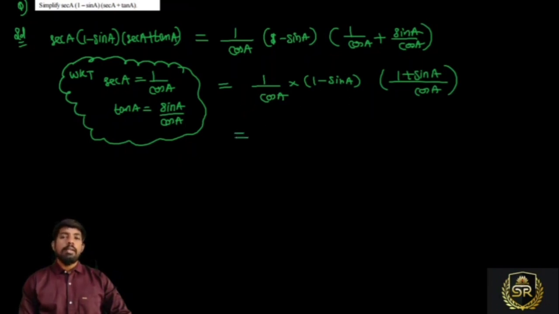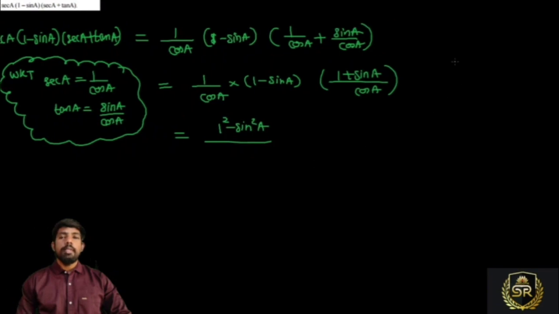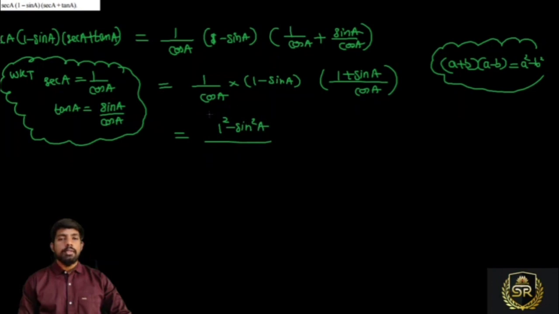So 1 minus sin a into 1 plus sin a is 1 square minus sin square a. This is the a plus b into a minus b formula, which is a square minus b square. So 1 minus sin a into 1 plus sin a is 1 square minus sin square a. Next, cos a into cos a is cos square a.